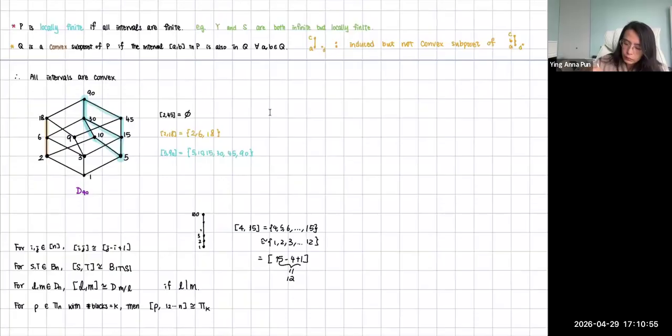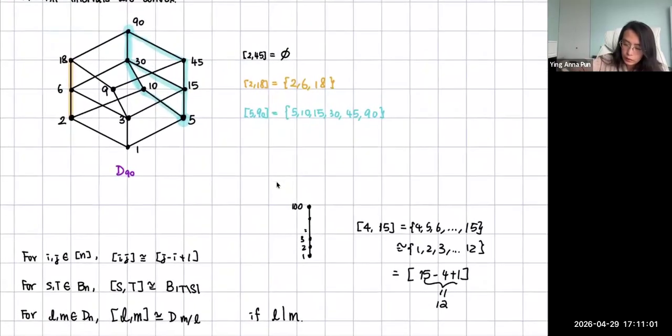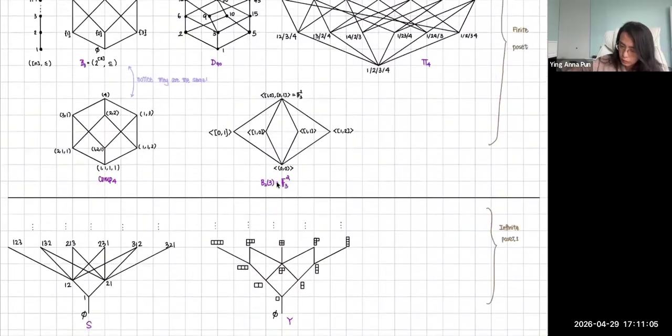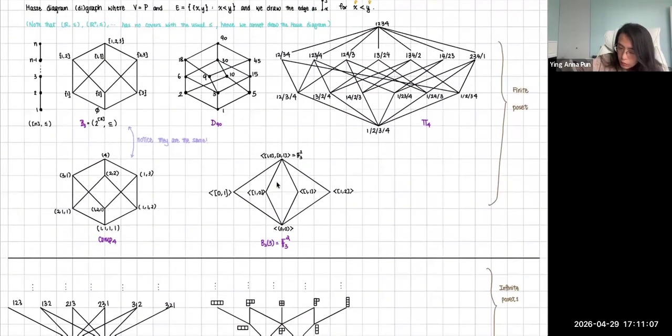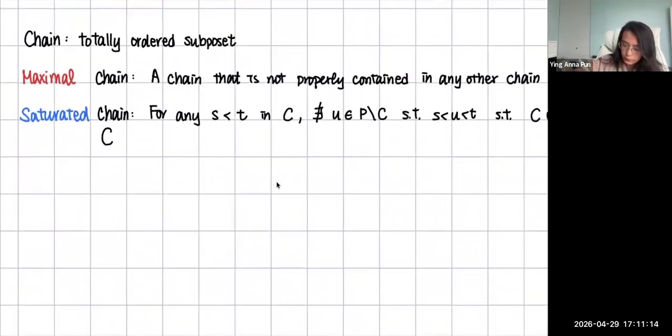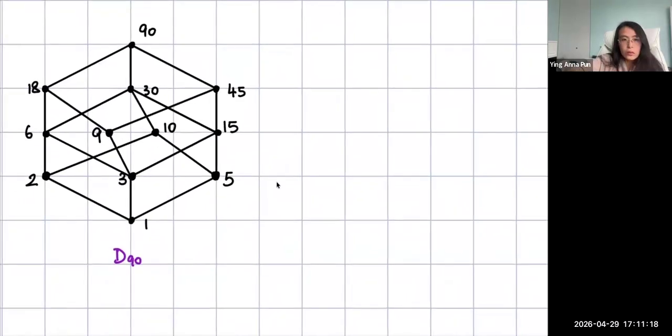So how does that work? What is an example? Let's go back to the guy that we have. Let me just copy and paste D90, which is a good example. So for example, let's find a saturated chain.